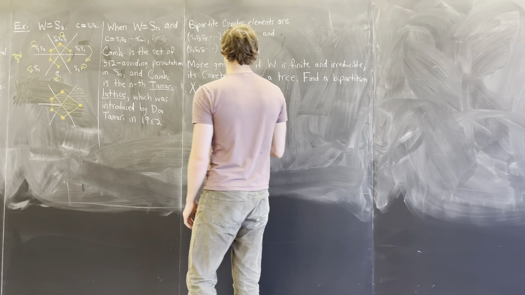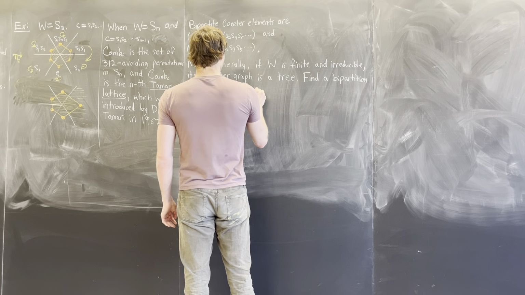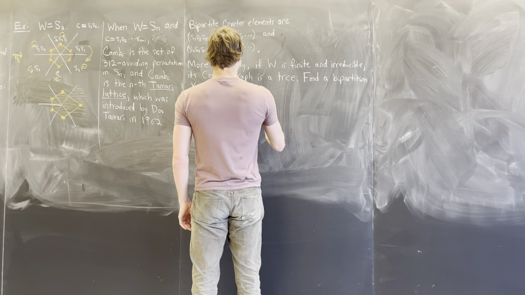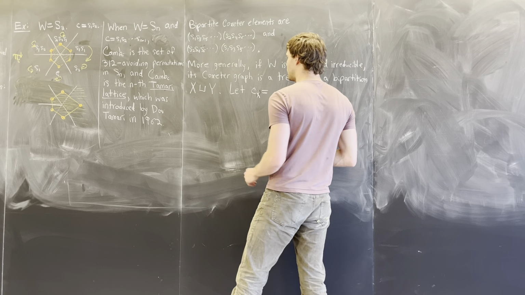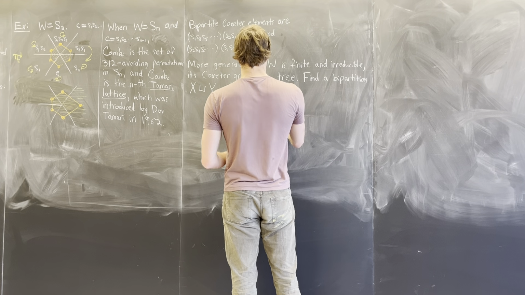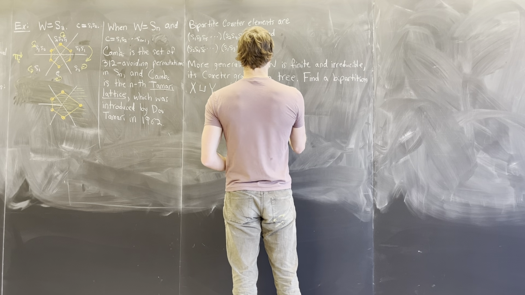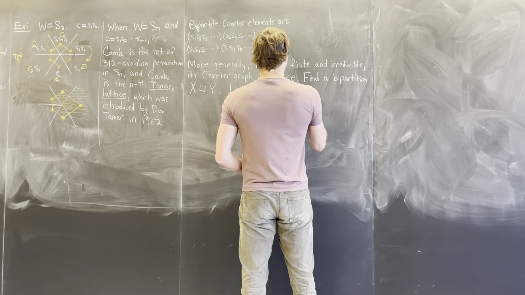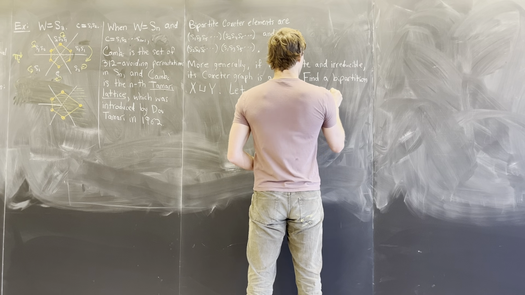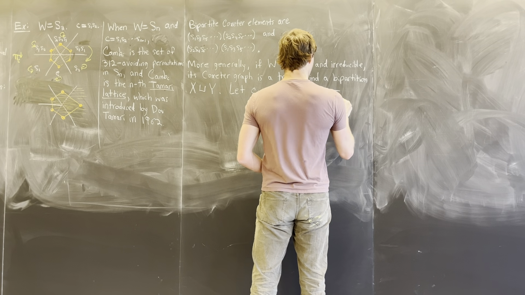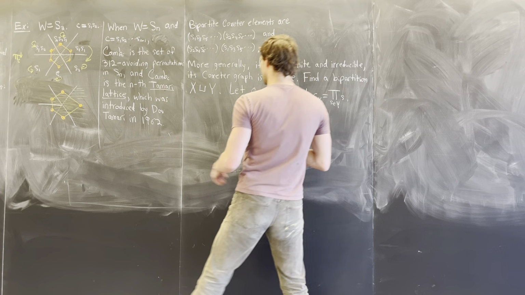And then you can say, let C sub X be the product of the simple reflections in X. I'll do an example in a second. So this is the product over S in X of S. And let C sub Y be the product over S in Y of S.